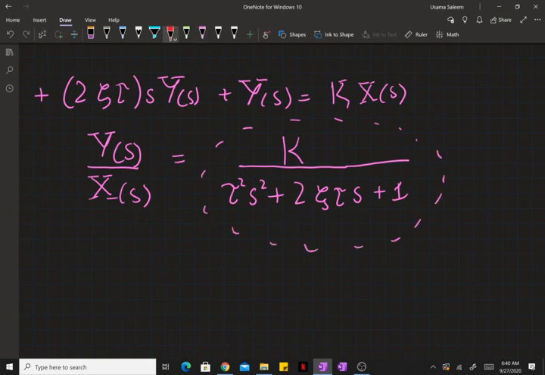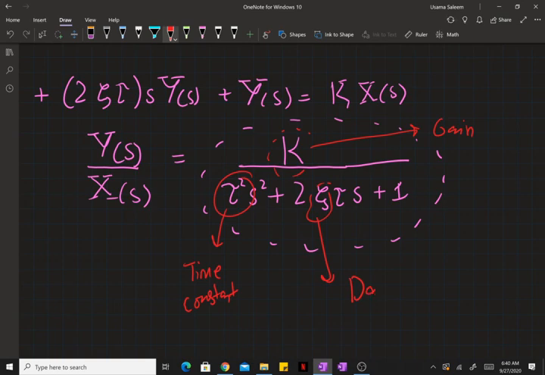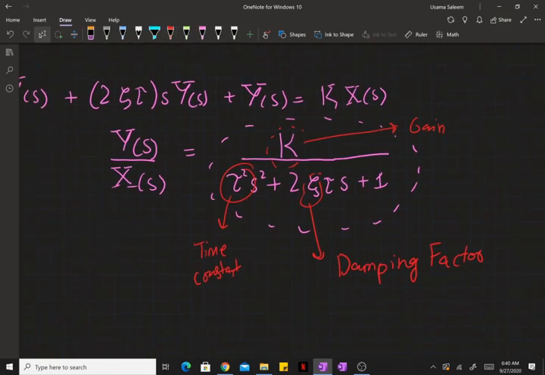And notice it's characterized by the gain of the process, the time constant of the process, and the damping factor. So the transfer function captures all the parameters that will tell you how your dynamic model will behave.